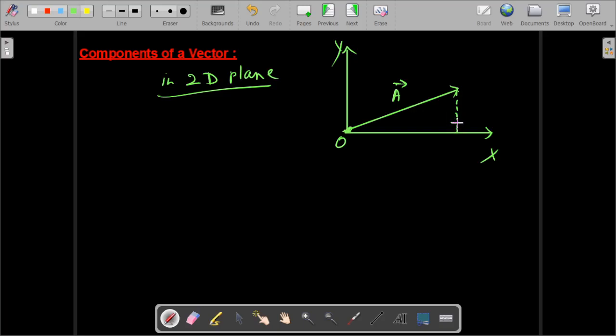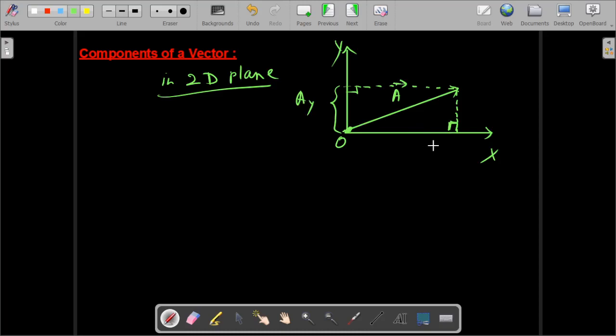Simply, you draw one perpendicular line segment from the endpoint of the given vector to the axis, in this way. So this will be the y component of the given vector. Suppose I denote it a y.